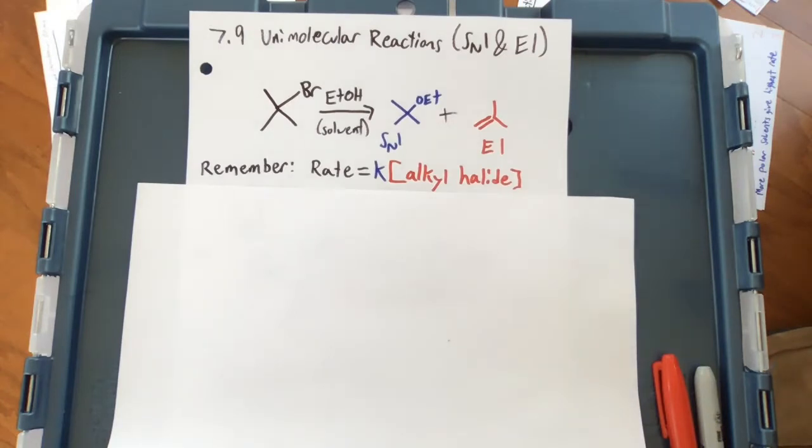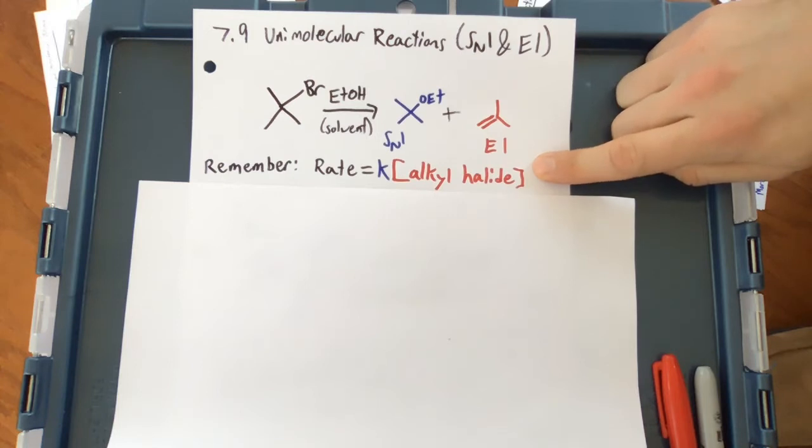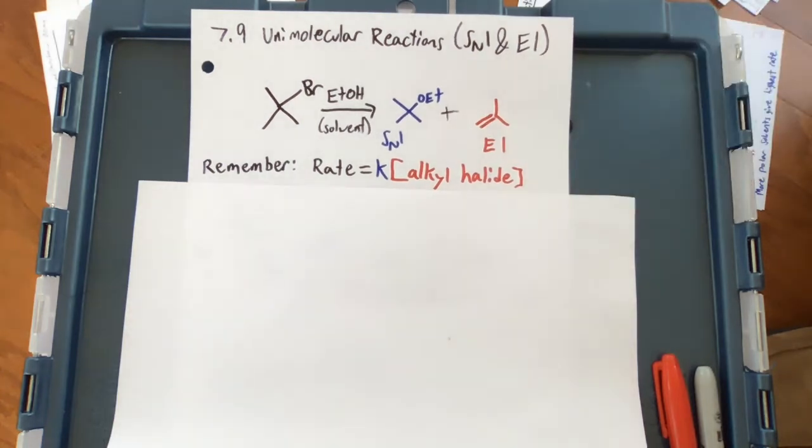It is the reason why we call these SN1 and E1: the rate law is first order in that there is only one exponent here, this implicit 1 with the alkyl halide.